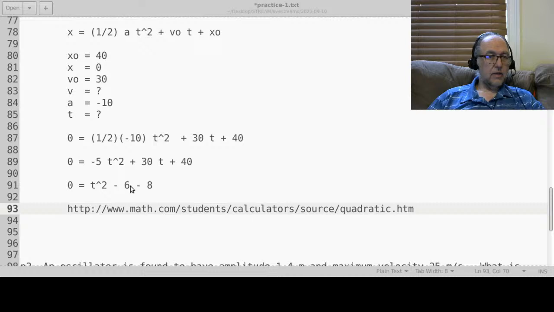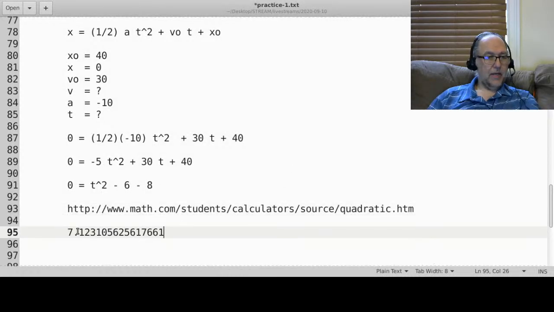It's negative 6 and negative 8. And I get two answers here. I get one answer for the time, and I'll round that off in a second, and I get that other answer for the time, like that.